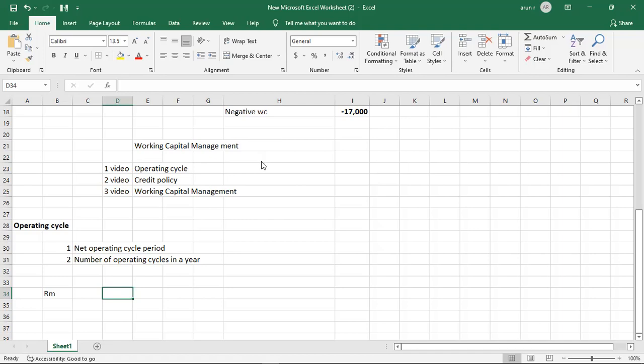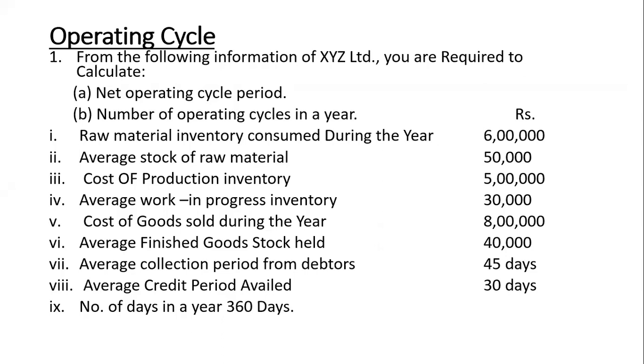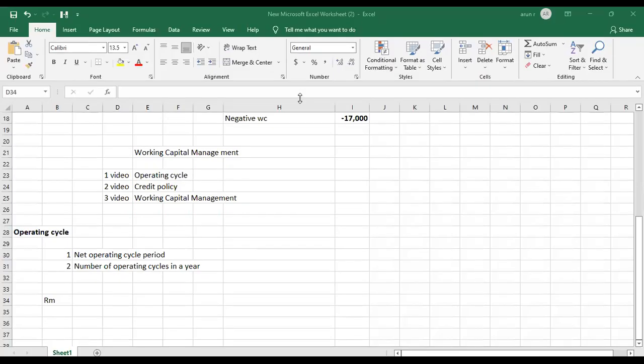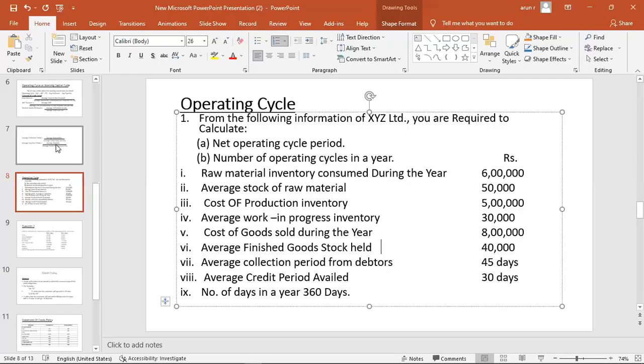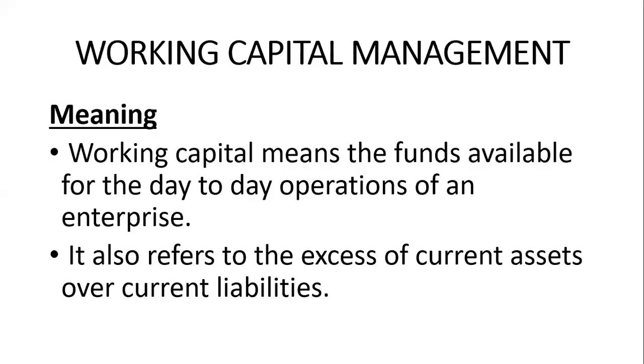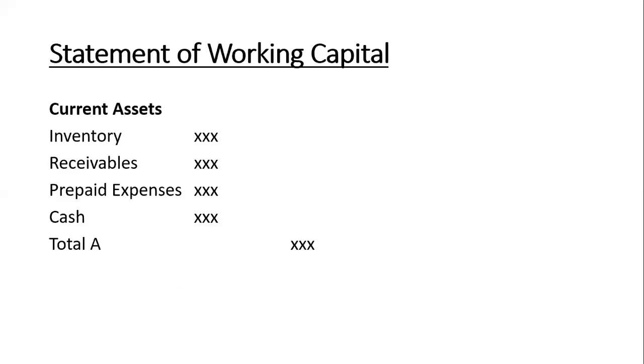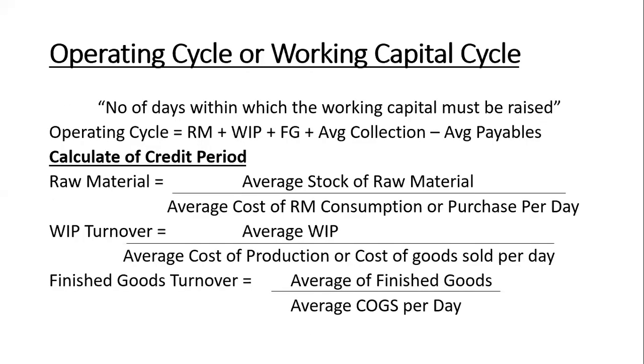What is the formula for raw material? This is the formula.